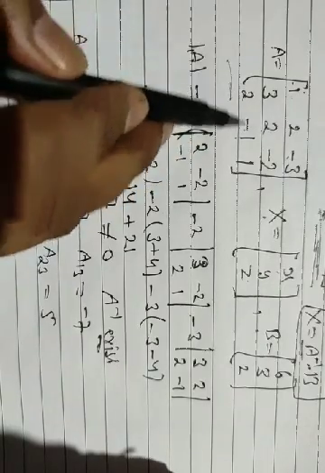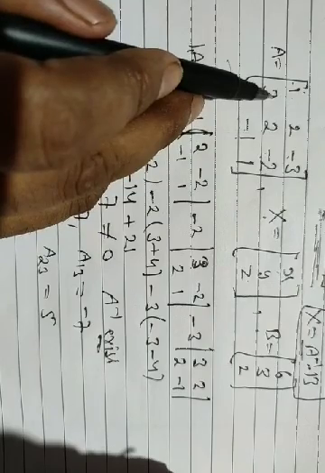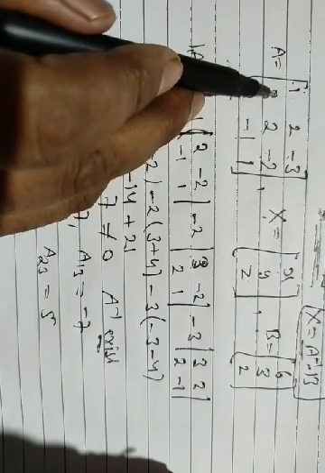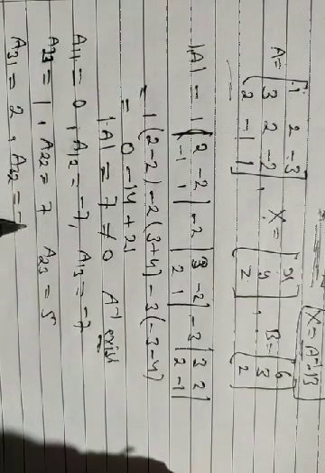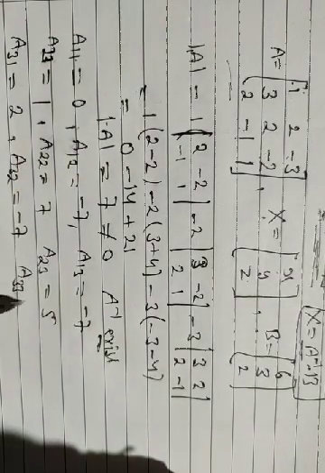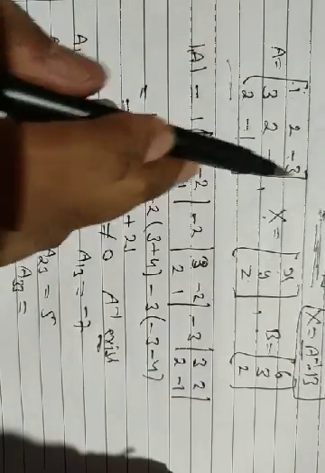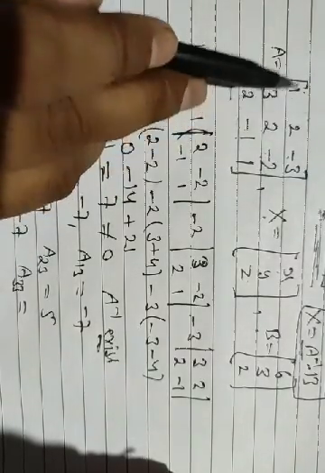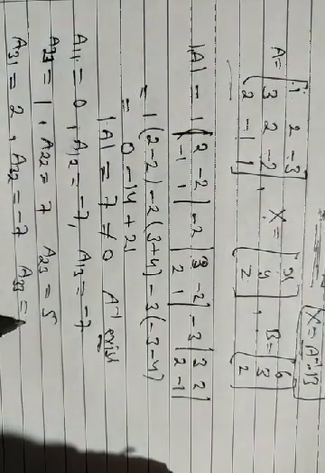Deleting this column and row, we have 1 into 2, minus 2 plus 9, we get 7, but we have to take the negative sign, it's minus 7. Then A33, the cofactor of 1. Deleting this row and column, it's 2 minus 6, we get minus 4. Now we have all the cofactors there.